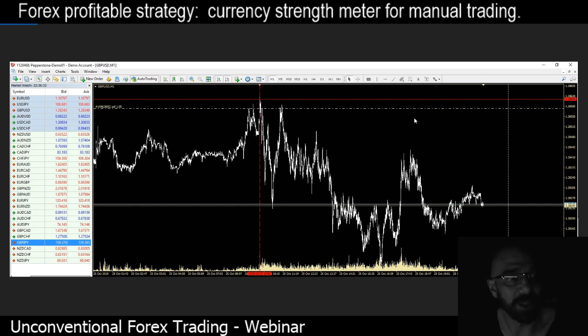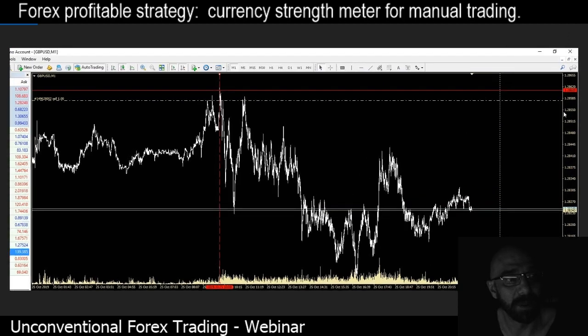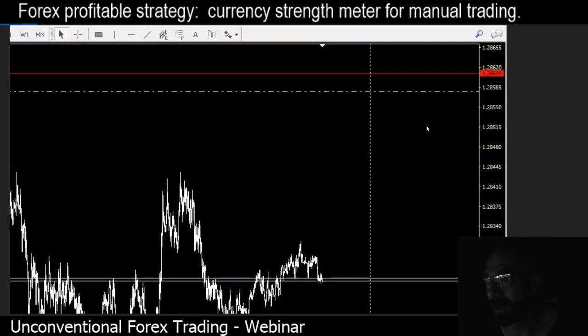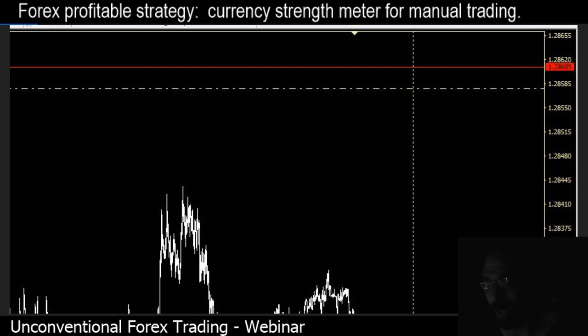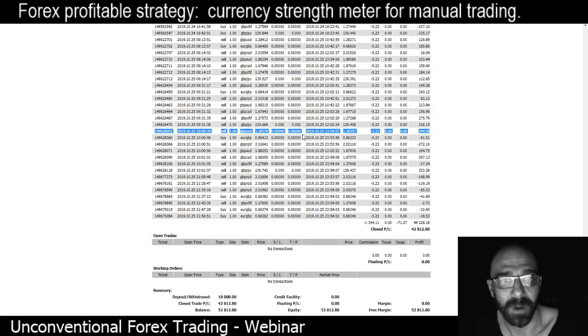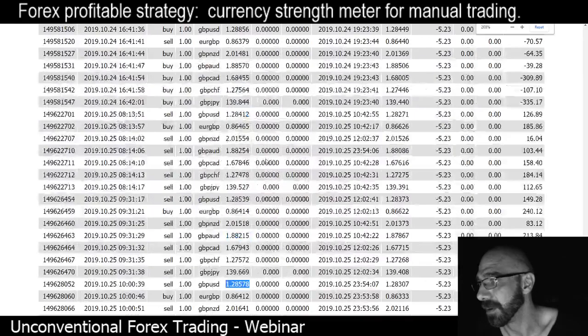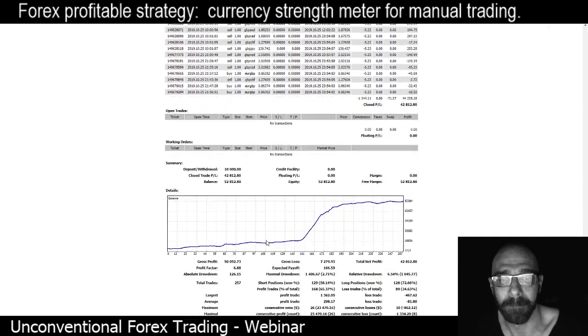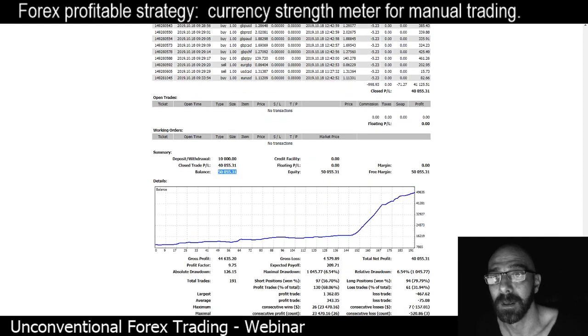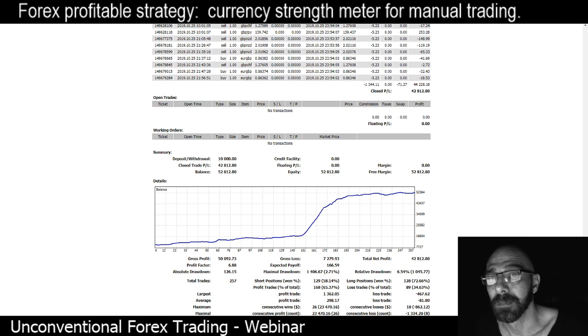In the 1-minute chart you can see even more clearly, around 1.285, GBPUSD.